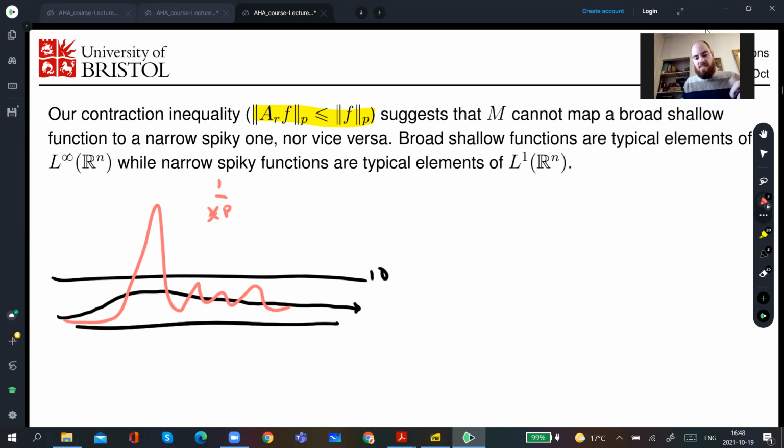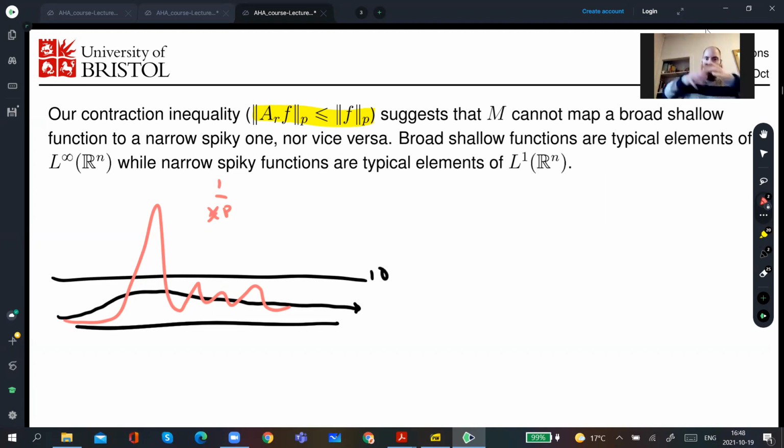And dimensional analysis actually makes this argument rigorous. So this is again for people who haven't seen LP spaces a lot or haven't worked with them in a while: if P is very big, you can think about your LP functions as being broad, shallow functions.